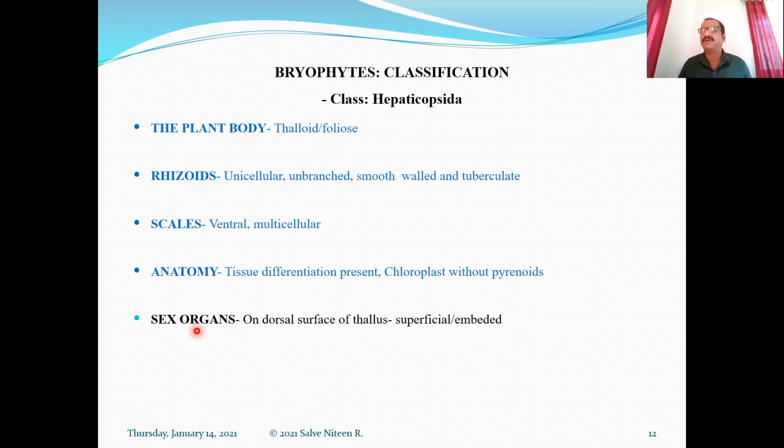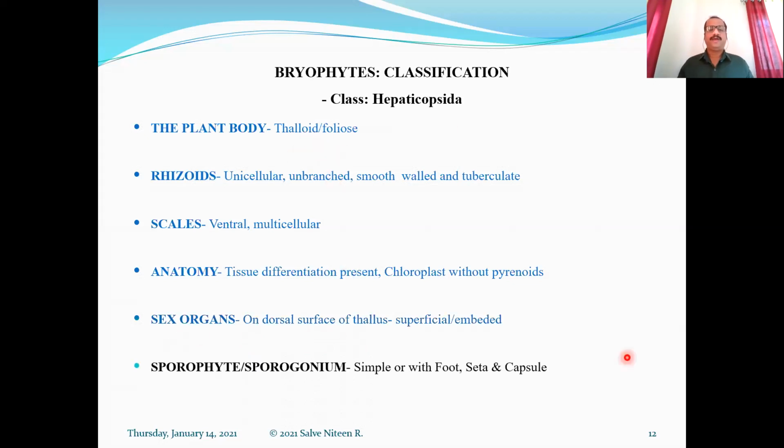These sex organs, or gametangia, are present on the plant body itself. Therefore, the plant body is called the gametophyte. It is the gametangia-bearing, gamete-producing plant body. The vegetative plant body of a bryophyte is called the gametophyte because it bears sex organs, present on the dorsal surface of the dorsiventrally flattened thallus of Hepaticae members.